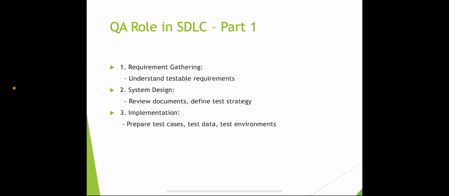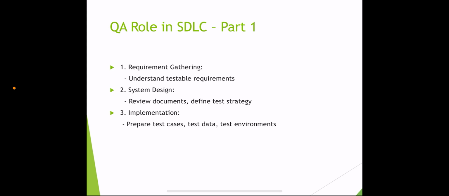In the next phase, that is system design, the developer team is going to plan their development work, designing their architecture and high level modules. In this same phase, the testing team is reviewing their test documents, defining their test strategy, and planning their efforts for the particular implementation.